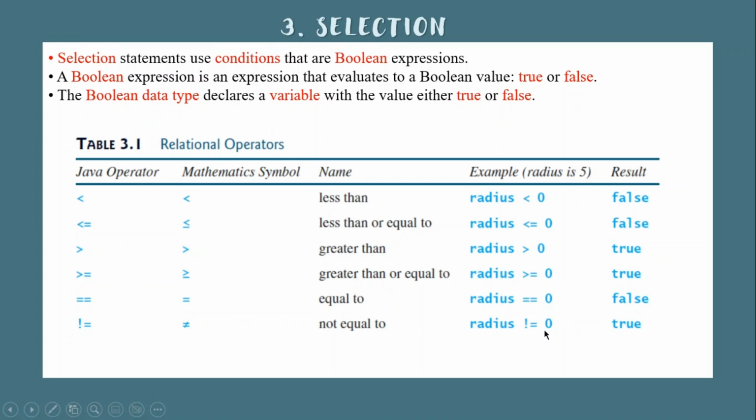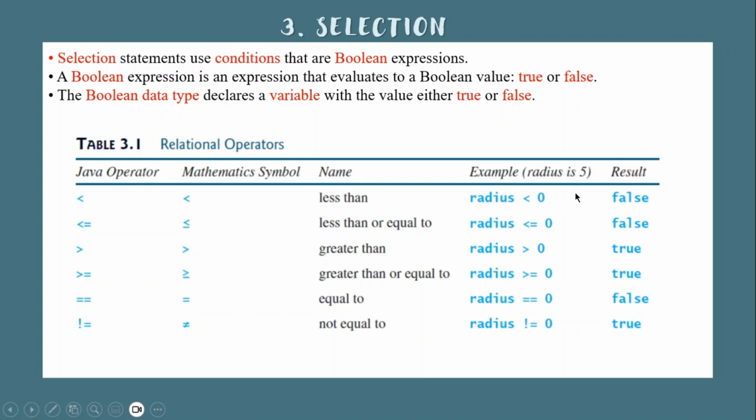So let's have this example in order to understand what is a Boolean expression. So as I said, the Boolean expression can have true or false as a value. Okay. Now let's assume the radius, as it says here, is 5. So when I say that the radius, when it's 5, is it less than 0? Then it is false.